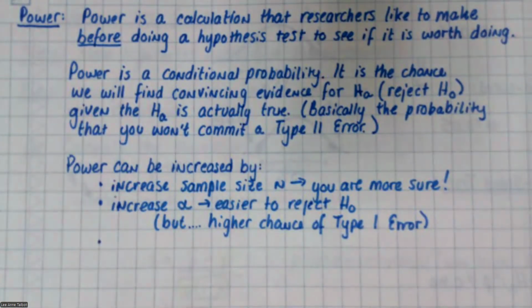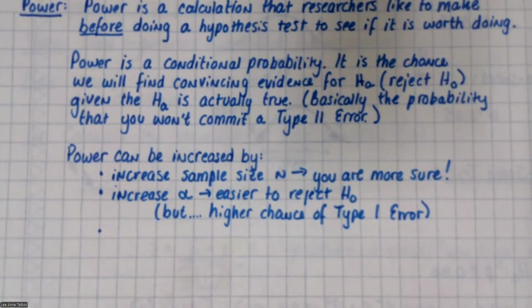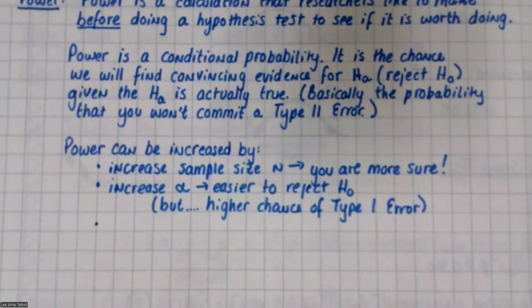If you increase alpha, it will make it easier to reject the Ho, but then you have a higher chance of committing a type 1 error, so rejecting the Ho when you shouldn't have.